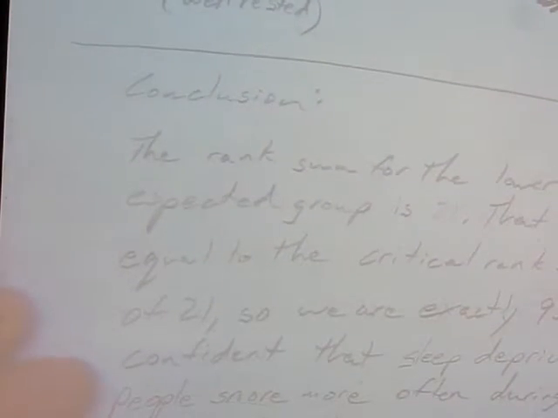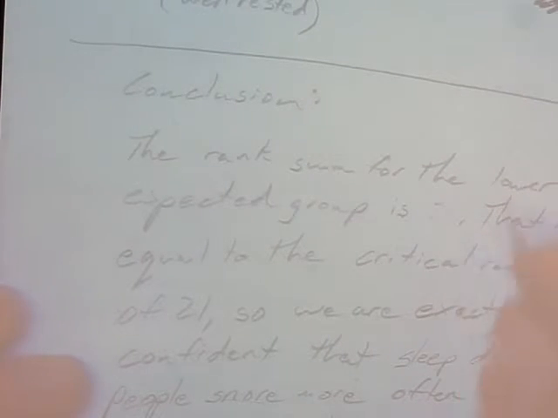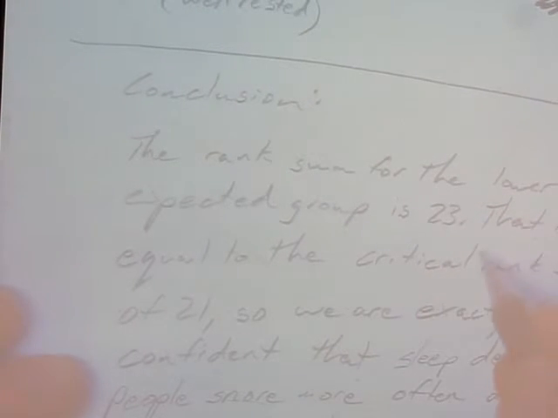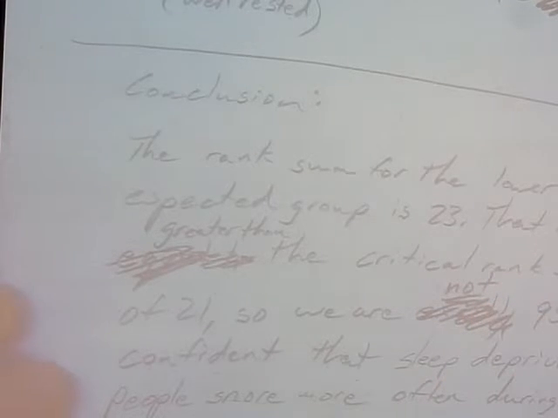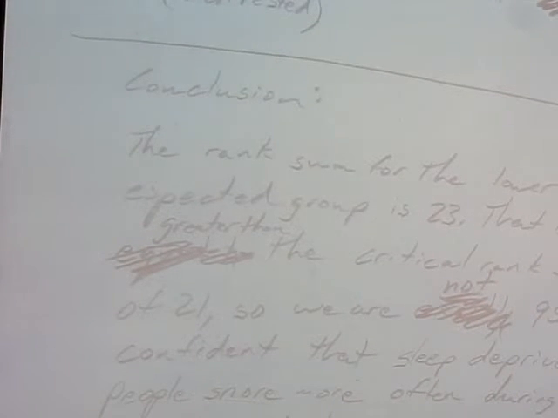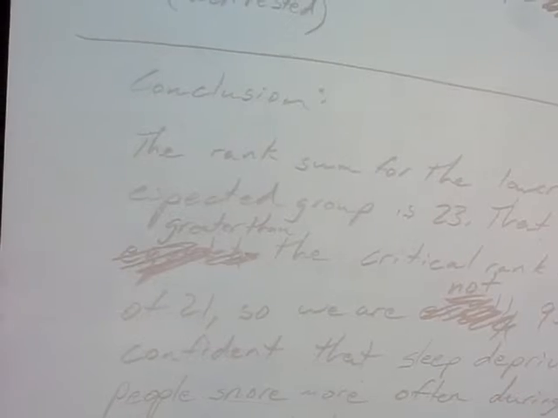Yeah. Riley, you messed up. So the rank sum for the lower expected group is 23. That is greater than the critical rank sum of 21, so we are not 95% confident that sleep-deprived people snore more often during the last hour of sleep.